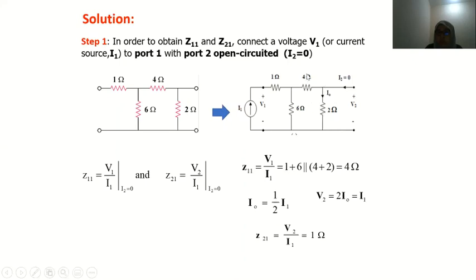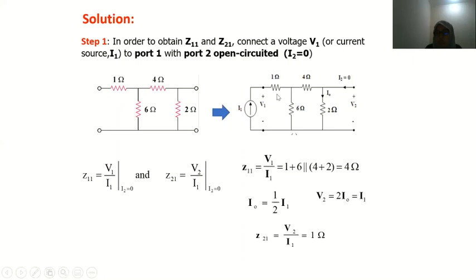You can use the current divider: your 6 ohm divided by 6 plus 6, because this is 6 ohm and this is 6 ohm, so 6 divided by 12 times your I1.